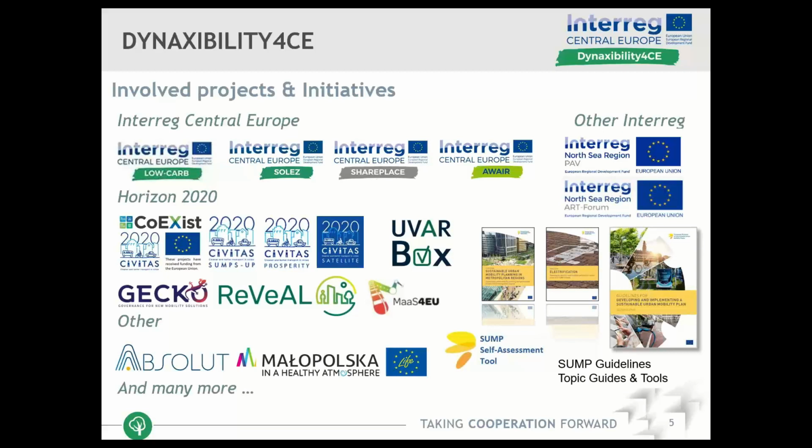The goal of the Dynaxibility4CE project, and its main objective, was to learn and bring together results from a series of projects that have taken place or are taking place in the different European funding programs. As you can see here, we've worked with several projects in the different areas. This is just a selection of those that we've cooperated with.